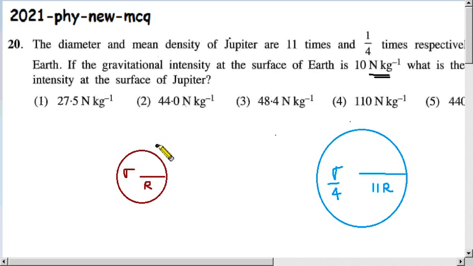If we place an object whose mass is 1 kilogram here, the force acting on it by this Earth is 10 Newton. 10 Newton per 1 kilogram.